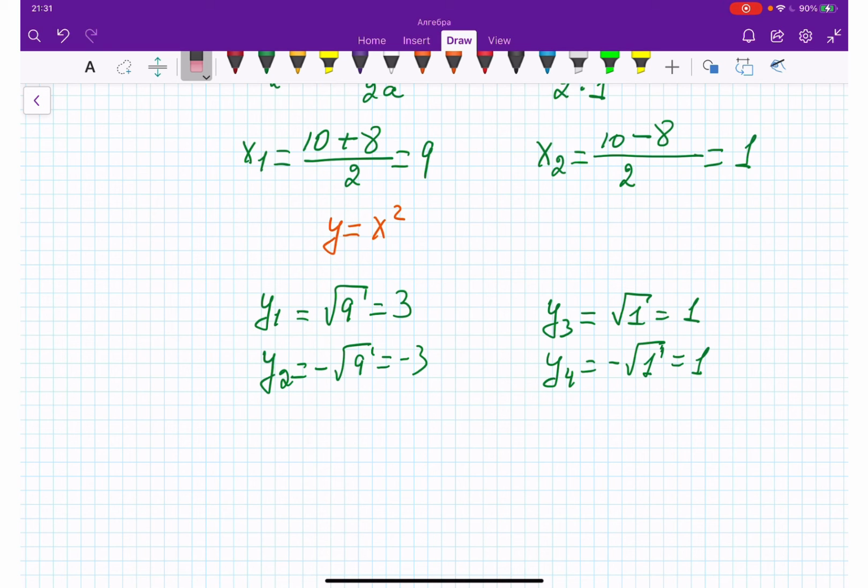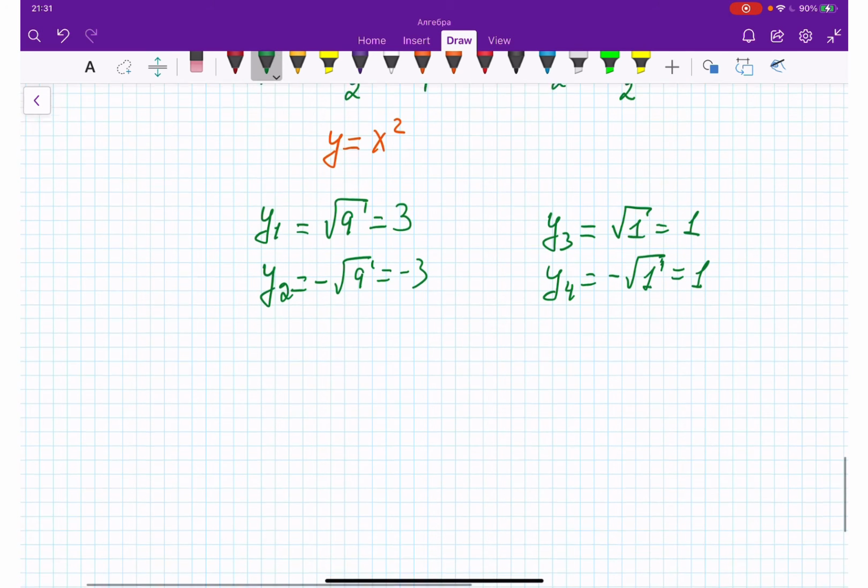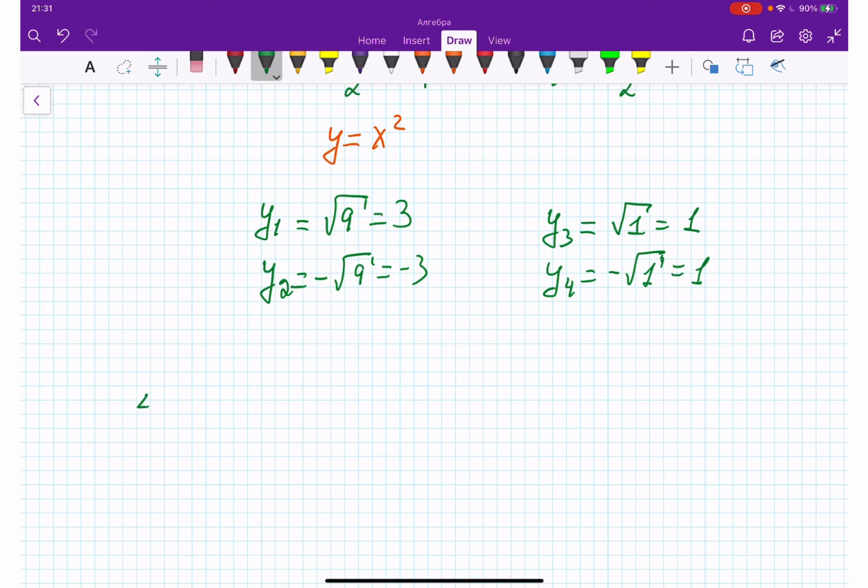Okay. All right. So we solved this one. Let me solve one more, the last one. That is going to be (4x minus 9) squared minus 5 times (4x minus 9) plus 6. How am I going to solve this one?